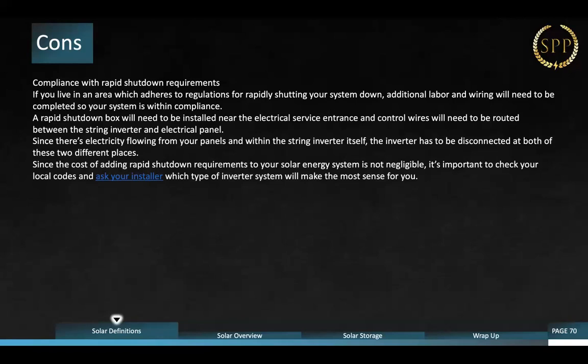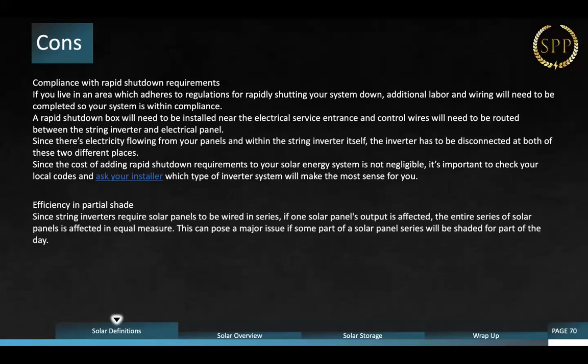Since there's electricity flowing from your panel and the string inverter itself, the inverter has to be disconnected from both of these two different places. Since the cost of adding rapid shutdown requirements to your solar energy system is not negligible, it's important to check with your local codes or ask your installer what type of system would make most sense for you. So let's finish up with these cons and talk a little bit more about it.